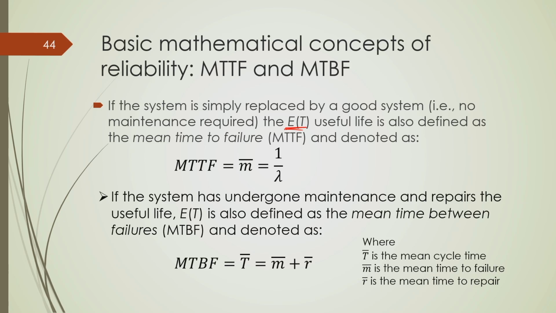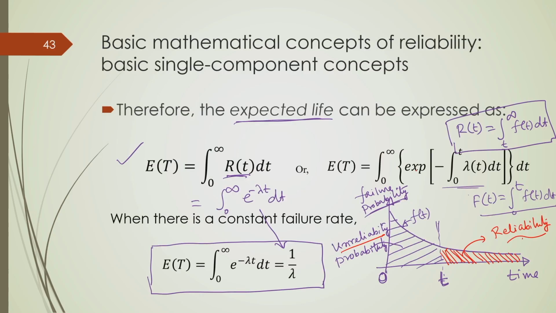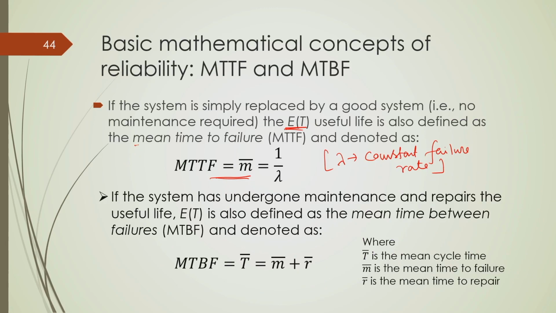For a single component, we already determined that its useful time is equal to 1 upon lambda, where lambda is our constant failure rate. This we derived in the last slide. And this is called mean time to failure, MTTF.